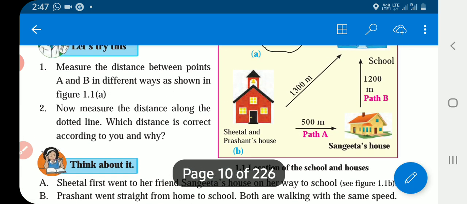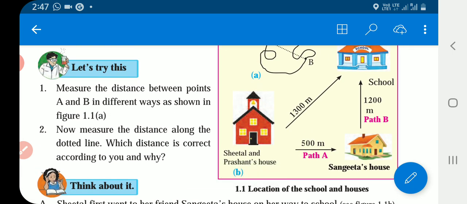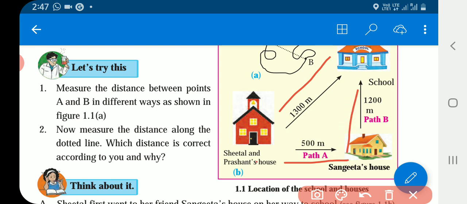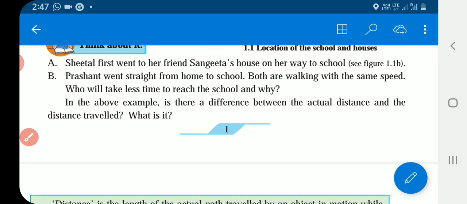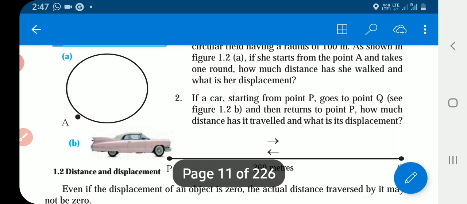So here is the displacement. Here is the starting point. Here is the total distance. Distance and displacement, these two concepts are clear here with the help of a diagram.